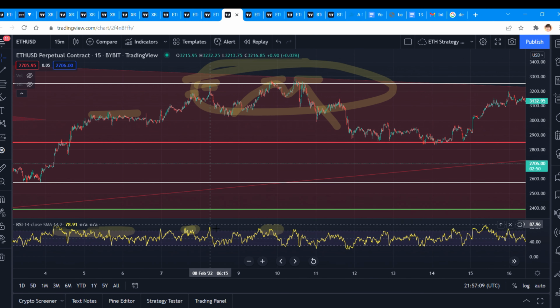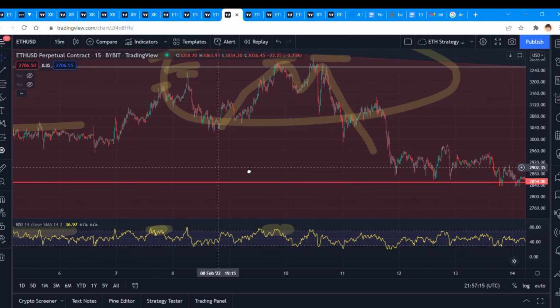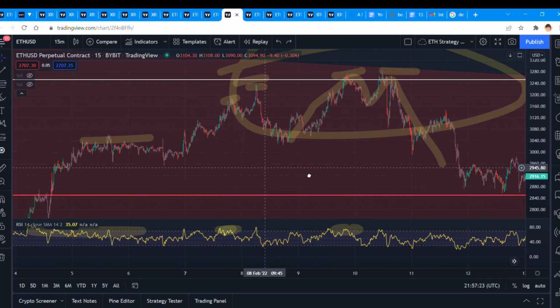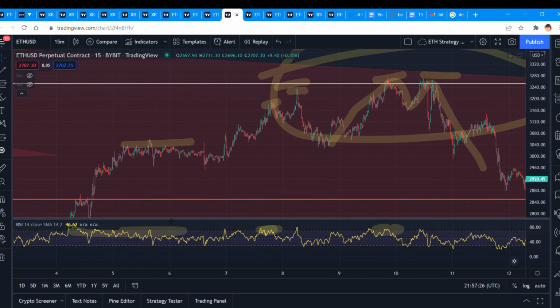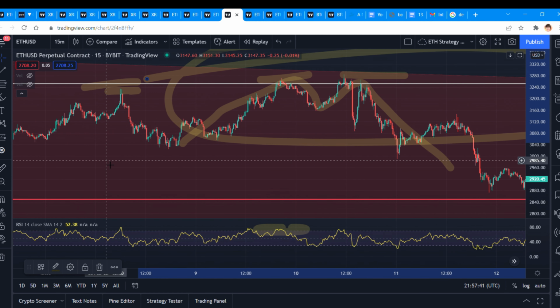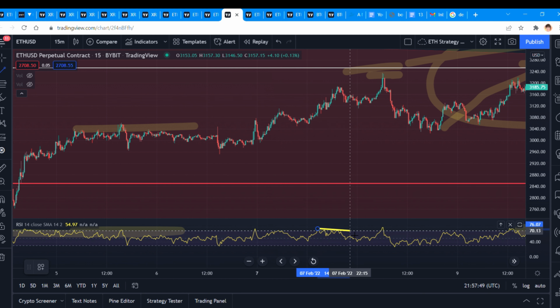Yes, the first one, to be 100% honest with you guys, the place where I would enter this trade on the 15-minute, and I have done this a lot of times, and I'll show you why it's perfect. So the place where I would enter this trade is somewhere around here, because on the 15-minute I would see these two peaks with a divergence.